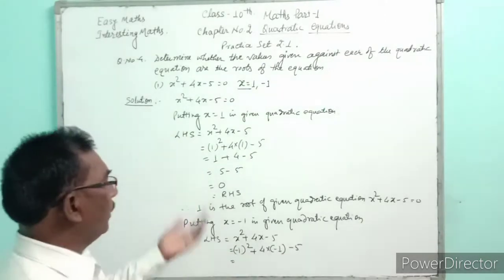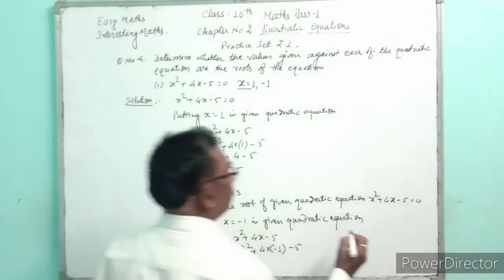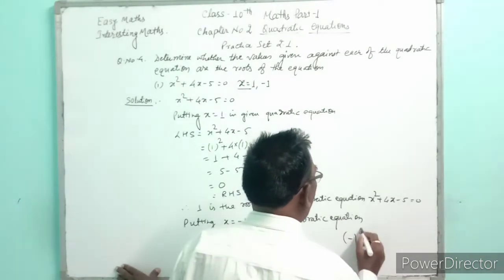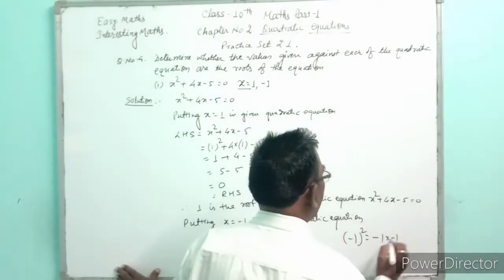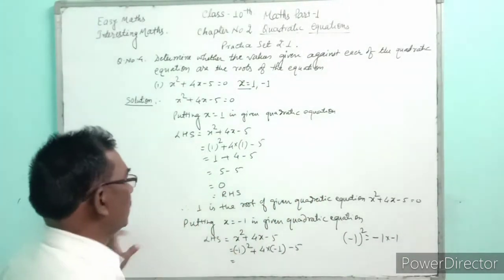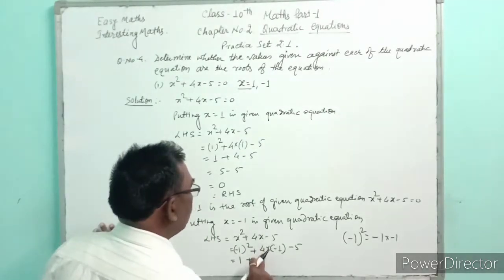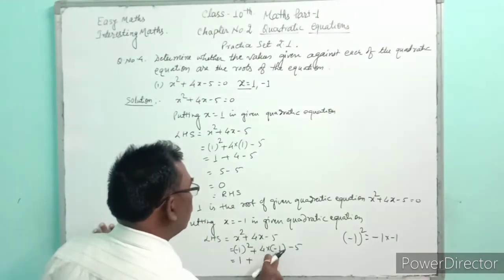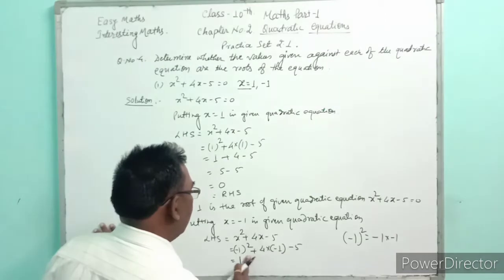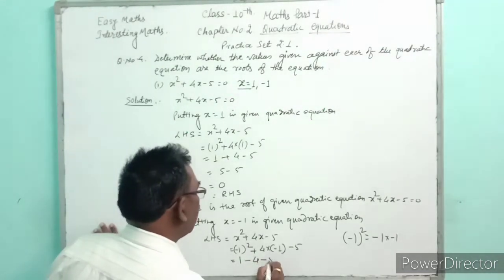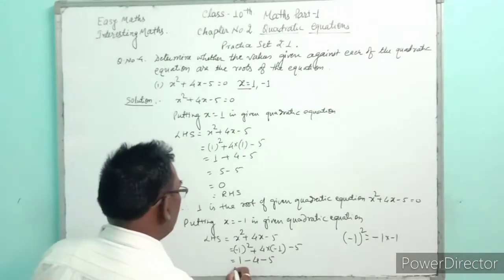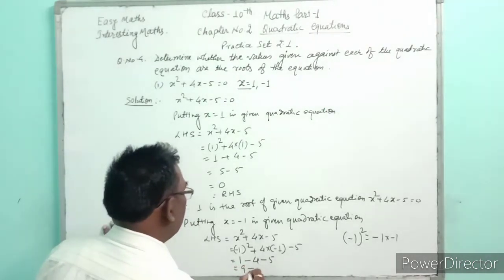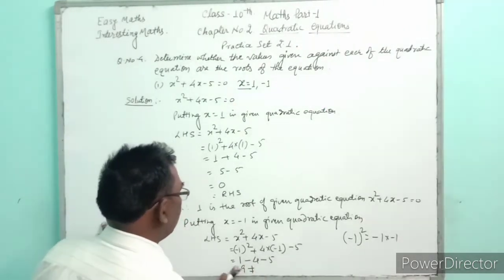Square of -1 means -1 into -1, which is plus 1. Then 4 into -1 is -4.